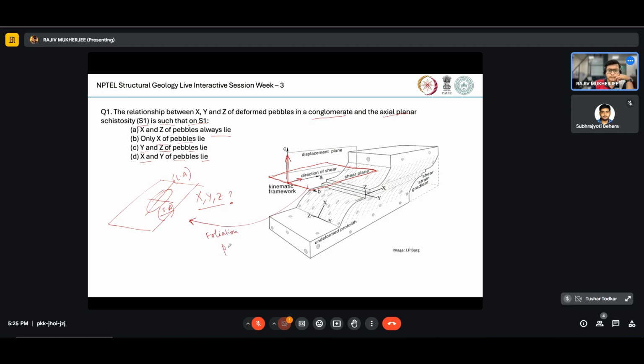So of course you are seeing that this is the foliation plane, and we are seeing stretched pebbles as well.